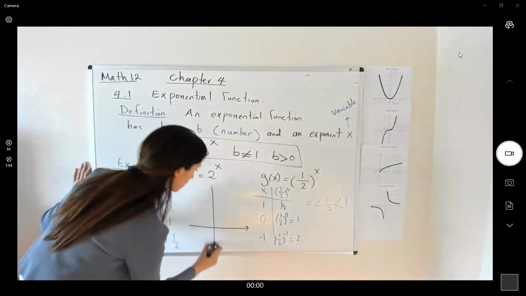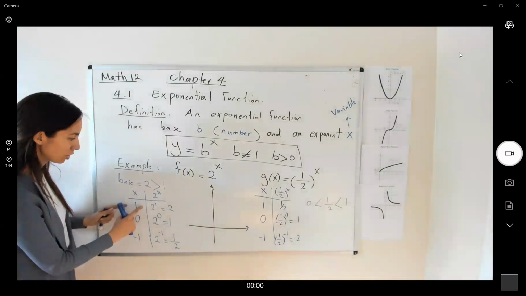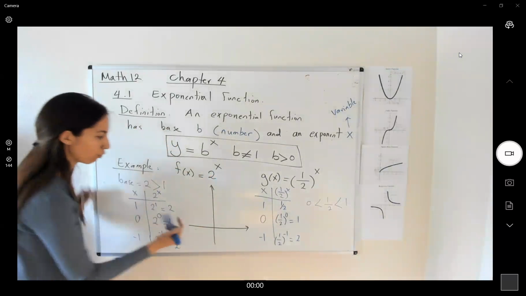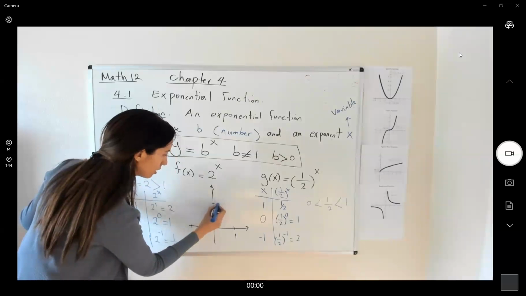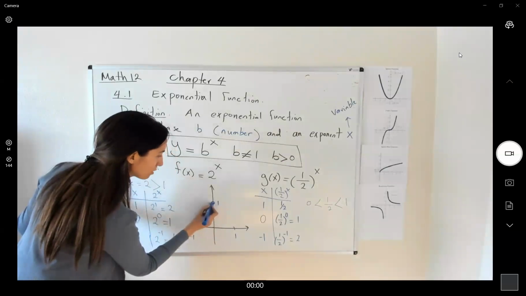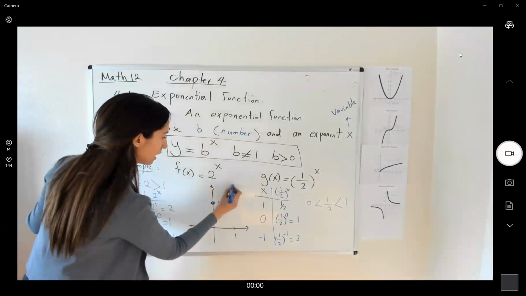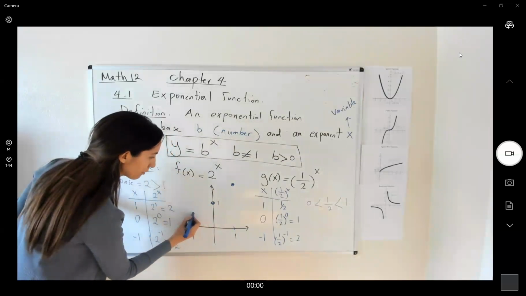X-axis, y-axis. Let's use 2 different colors. For the first function, 2 to the x, if x is 0, your y is equal to 1. So this is 1, this is -1, and this is 1. Points (0, 1), (1, 2), and (-1, a half).